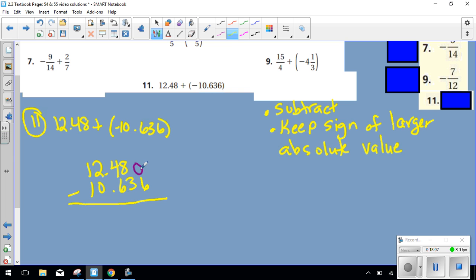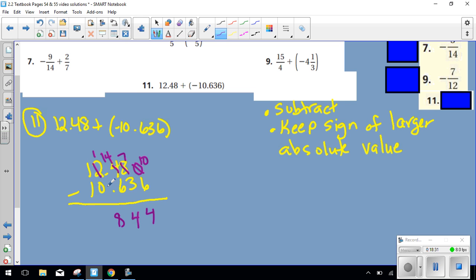I can't do 0 minus 6, so I'm going to borrow. 8 becomes 7, and this becomes 10. 10 minus 6 is 4. 7 minus 3 is 4. I can't subtract here, so I borrow, make that a 1. This becomes a 14. 14 minus 6 is 8.